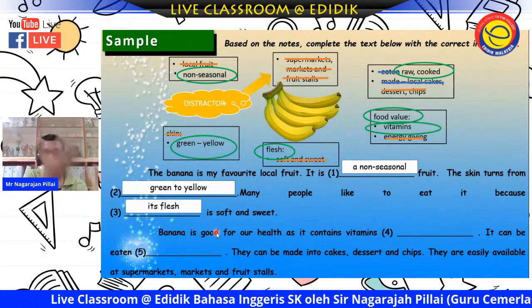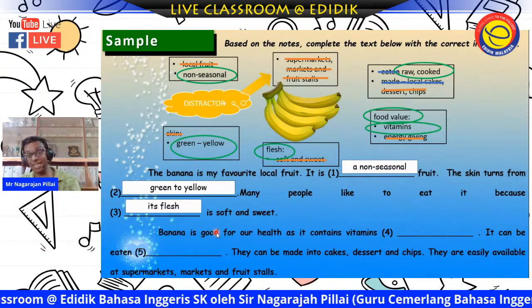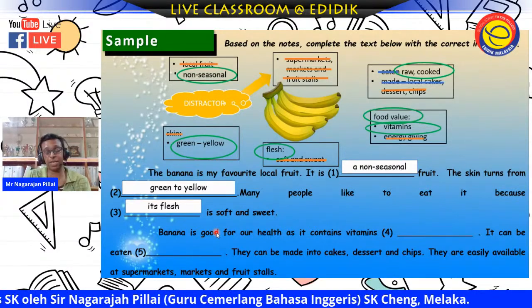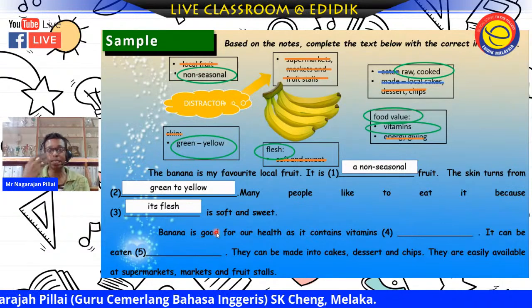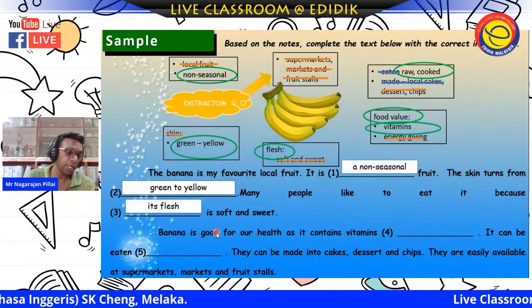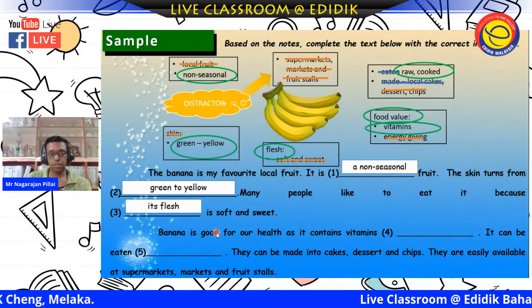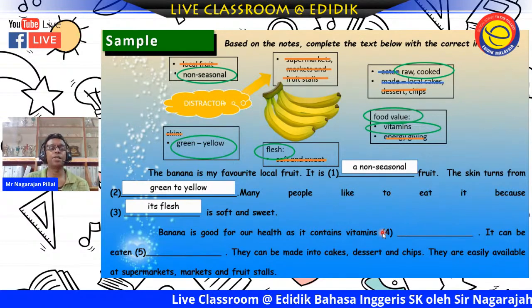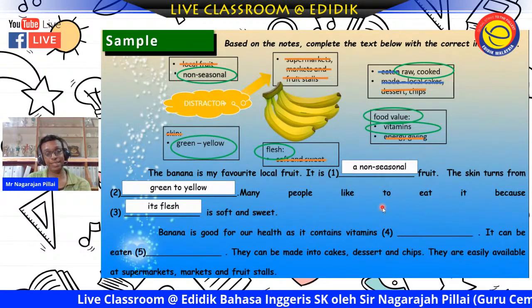Here we are talking about banana. When we are talking about the same subject, instead of repeating the word banana, banana, banana, we can use the word the. So we can also write, many people like to eat it because the flesh is soft and sweet.